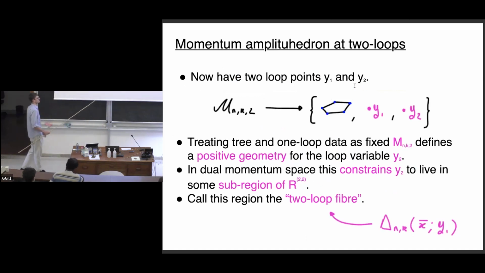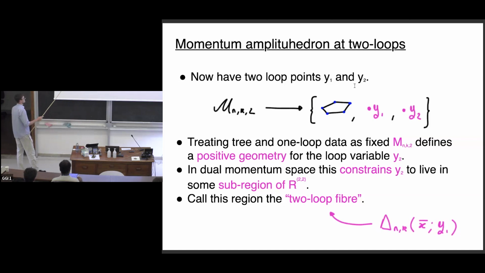So now the data we have in R2,2, as before, is our null polygon, loop momentum point Y1, and additional loop momentum point Y2. So now imagine fixing our tree level data and fixing Y1 to be some point in the one loop fiber.